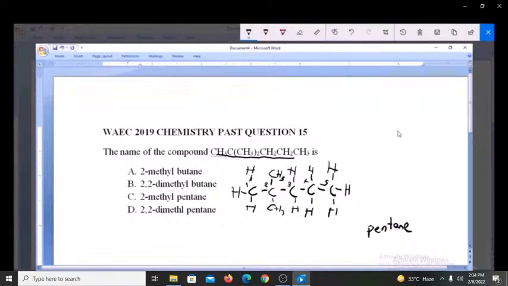So that will be 2, 2, because you have 2 methyl groups attached to the carbon atom. Di, of course, di standing for 2, dimethylpentane, 2,2-dimethylpentane, and the answer to that is D.